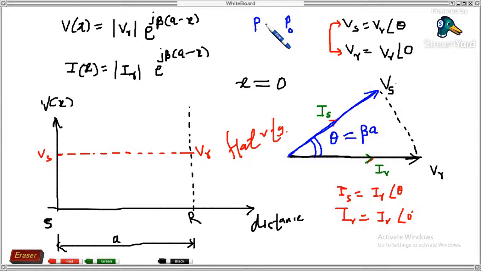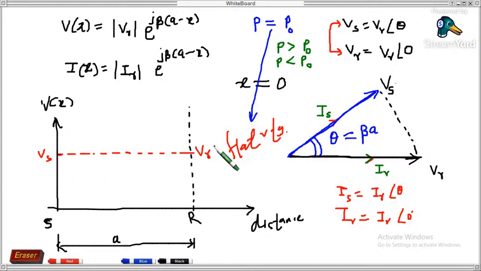If both are equal, it means the line is actually loaded at SIL. In this case only, you will get a flat voltage profile. Apart from this, if P is greater than P0 or P is lesser than P0, you will not get a flat voltage profile.